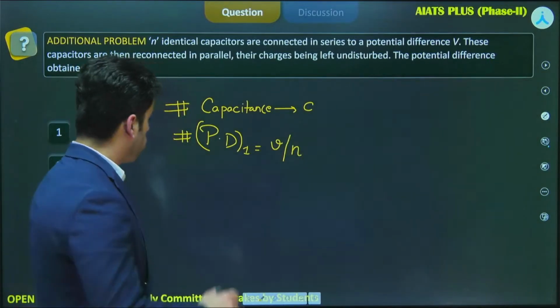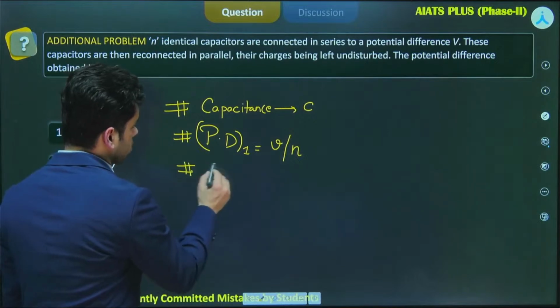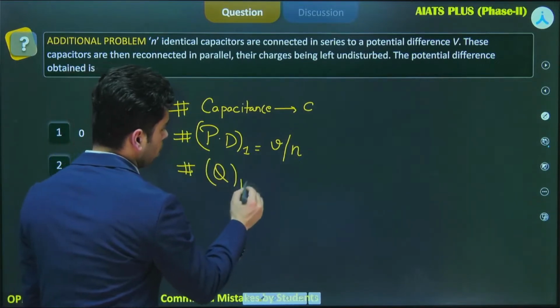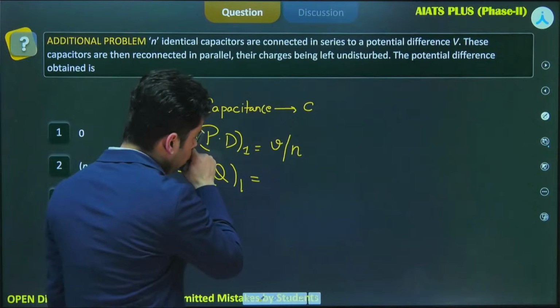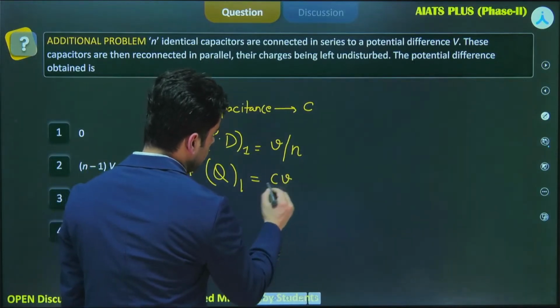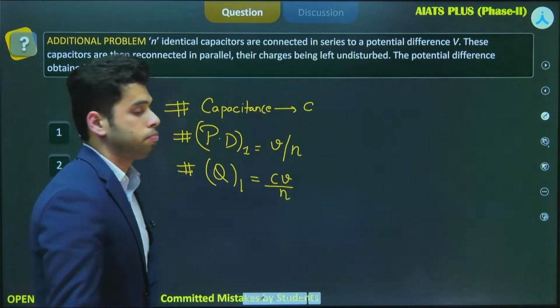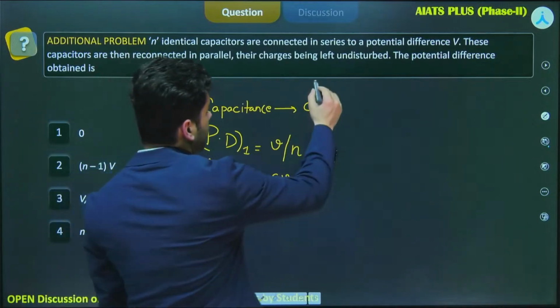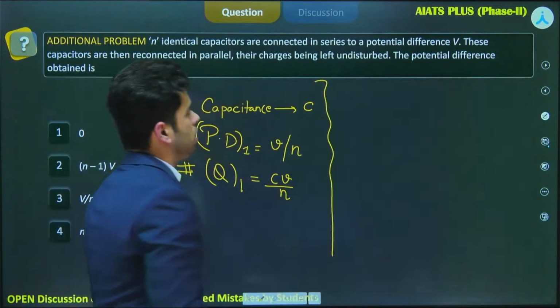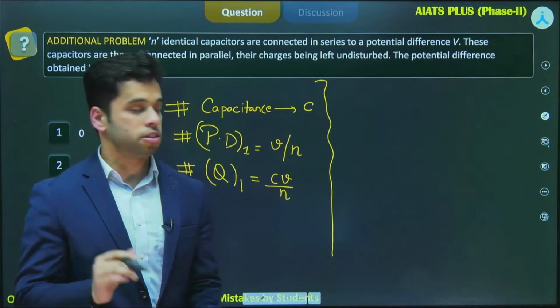So the charge on one capacitor, Q1, will be equal to CV by N. Now they are connected in parallel with charges being left undisturbed.